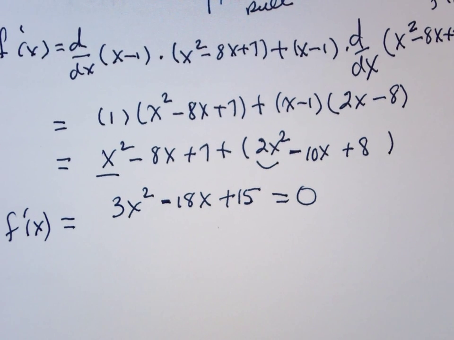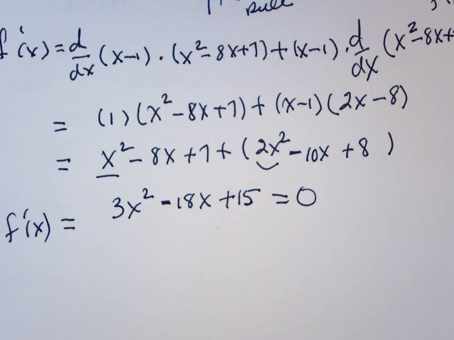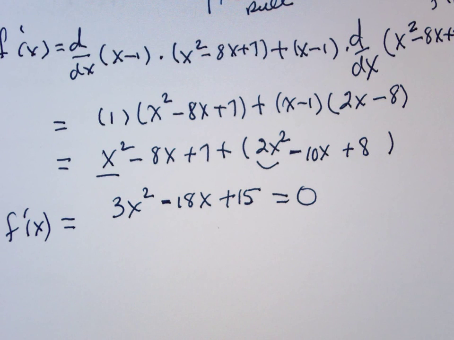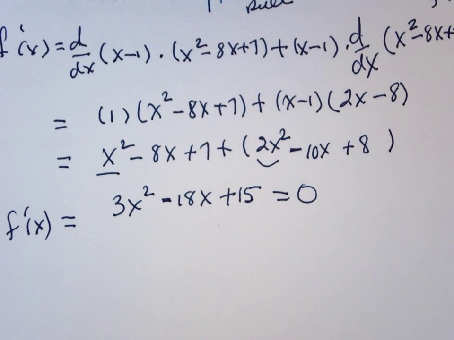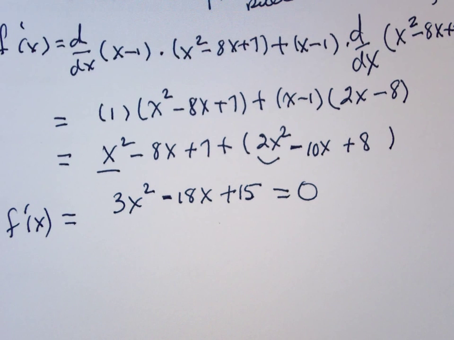But what do I notice this has? A greatest common factor of 3. I can get those numbers down size-wise. Because what am I going to need to do? I'm going to need to factor it and solve or use the quadratic formula on it. If I can get the numbers down size-wise, it makes the problem manageable, and that's what we try to do.